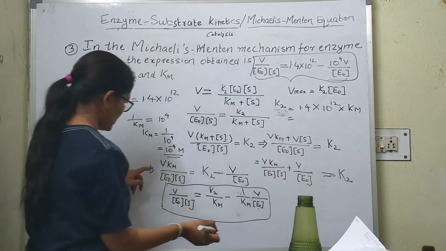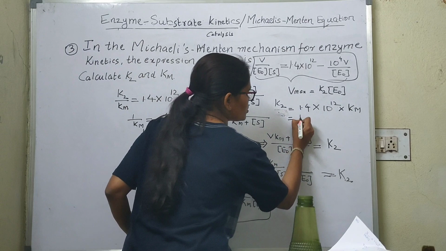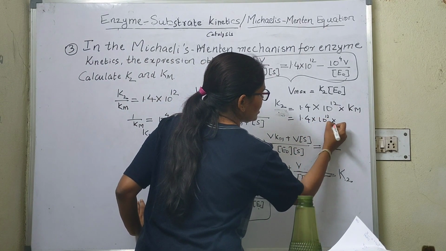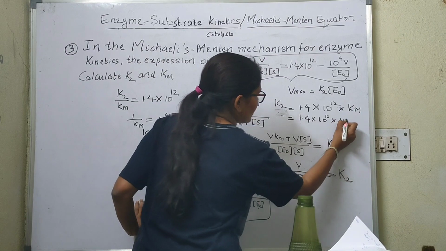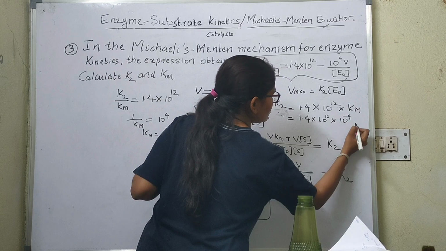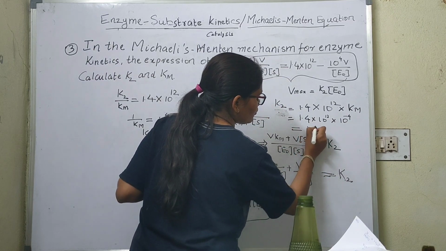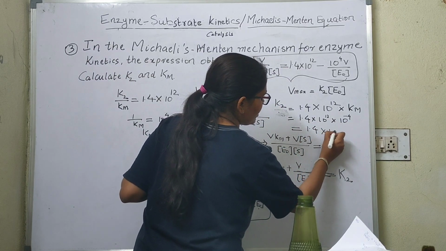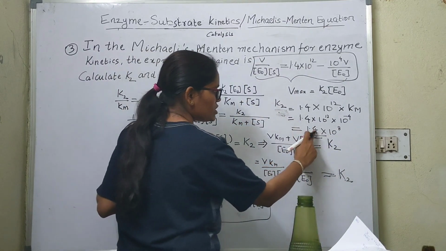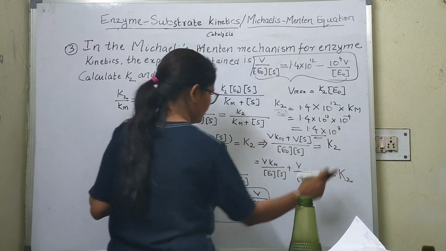So what is Km? 10 power minus 4. So here I get 1.4 into 10 power 12 into 10 power minus 4. So what do I get? 1.4 into 10 power 8. So the value of K2 is 1.4 into 10 power 8.